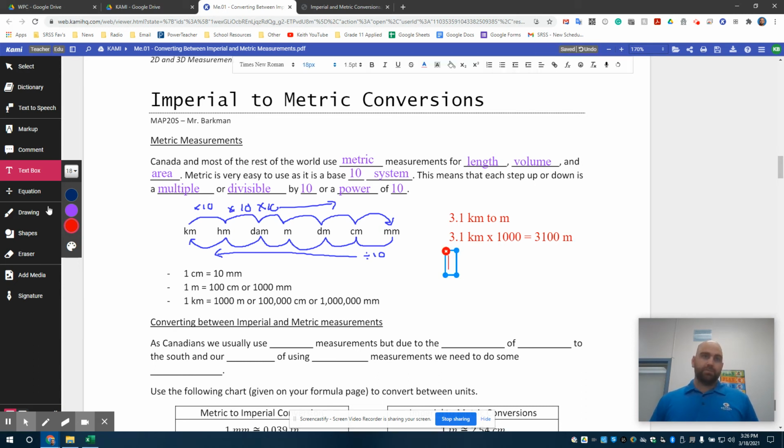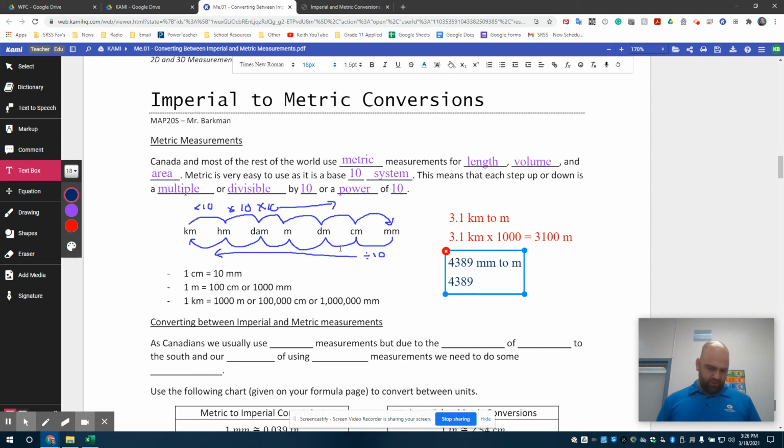Let's say we go the opposite way, and let's convert 4,389 millimeters to meters. What we do is we take 4,389, and again, millimeters to meters is 3 steps.